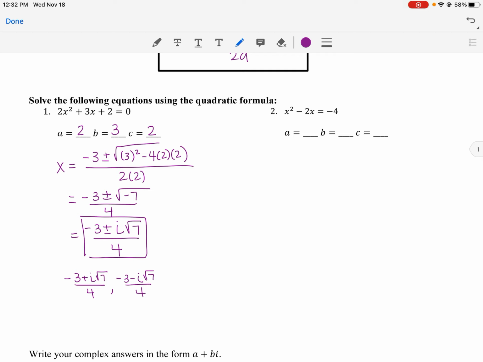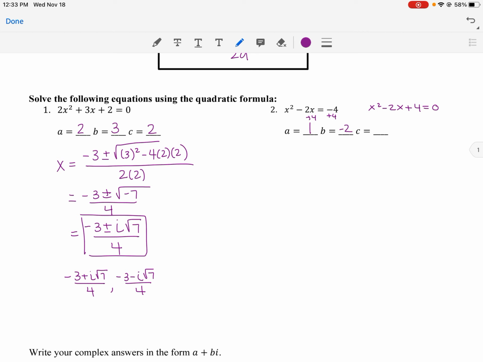Okay, let's do the next one. The first thing on this one, I probably would set it equal to 0, so I'm going to add 4 to both sides. x squared minus 2x plus 4 equals 0. So you have a 1, you've got a -2, and you have a 4.